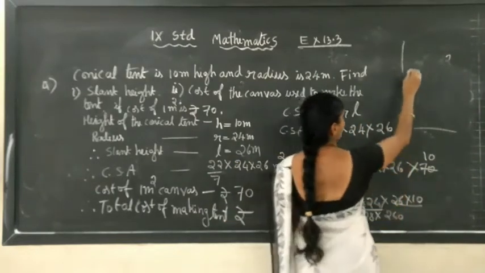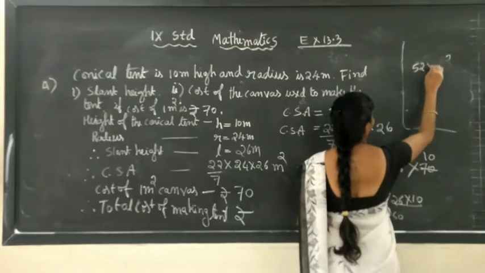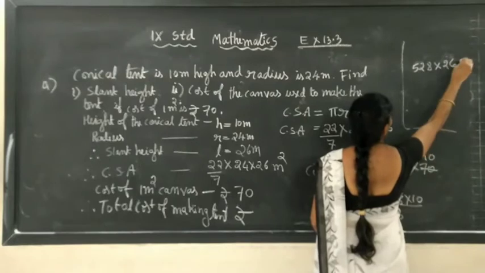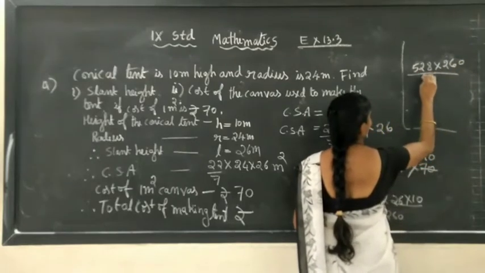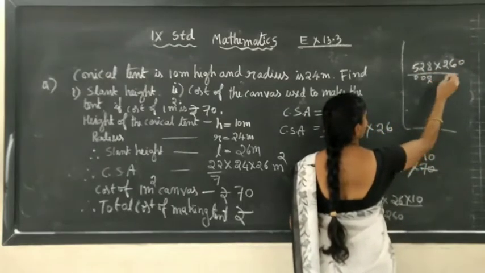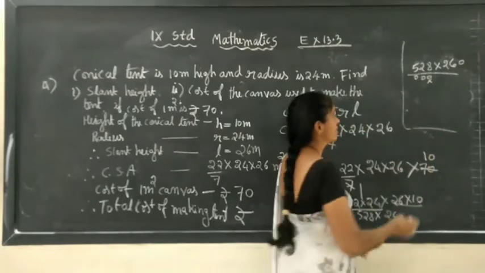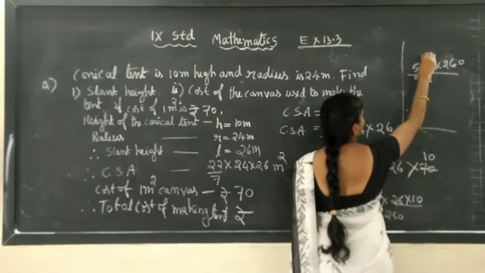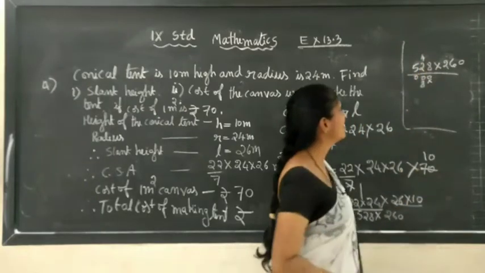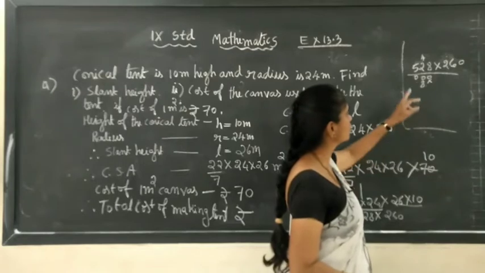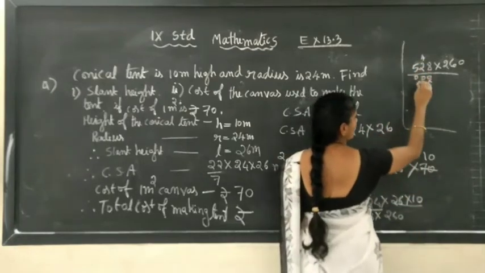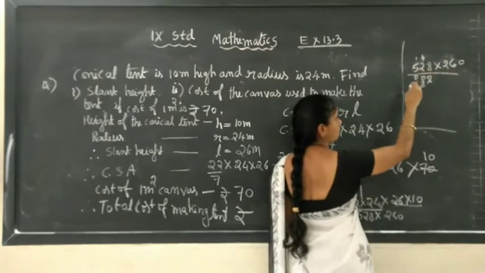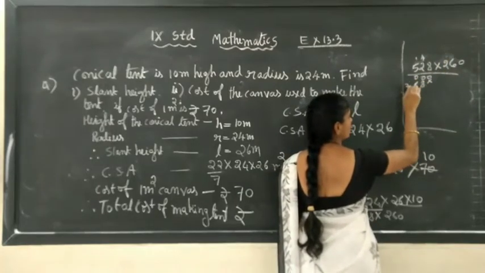So, it is 528 into 260. So, it is 0, leave one place, 6 table you multiply, 6 8s are 48. Then 6 2s are 12 plus 4, 16, 1 in hand, 6 5s are 30 plus 1, 31.